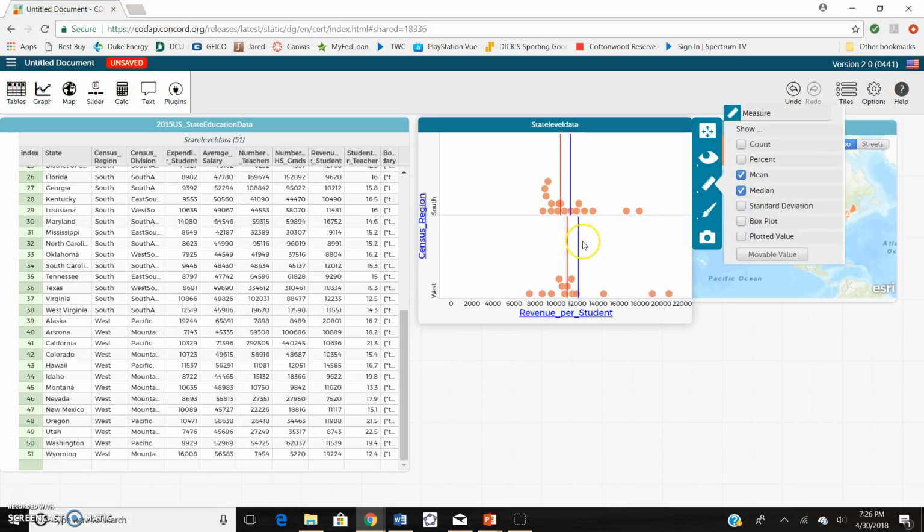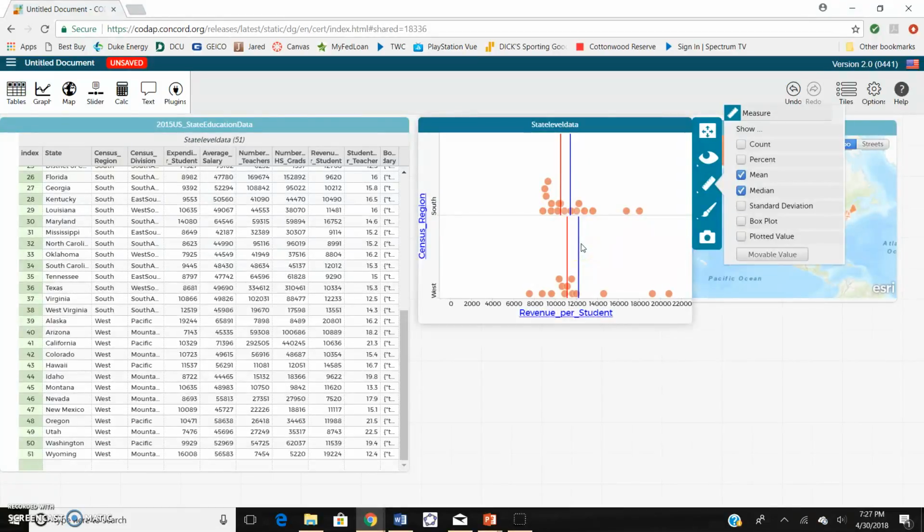So if I put these in here, sure enough, the revenue per student mean in the West is 12,202, and the mean for the revenue per student in the South is 11,417. And the median is giving me similar information that the revenue per student is larger in the West than it is in the South.